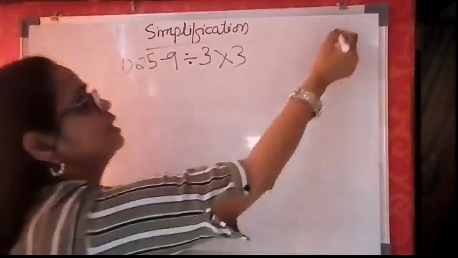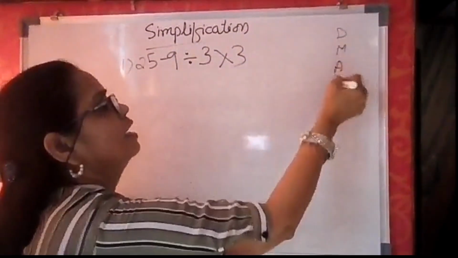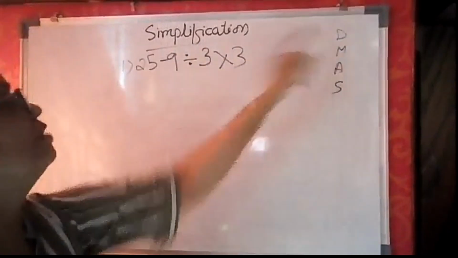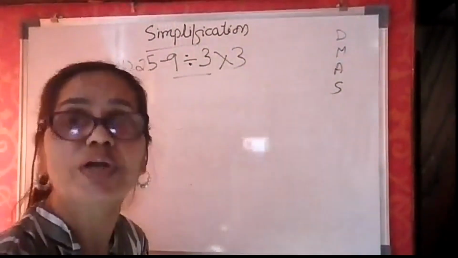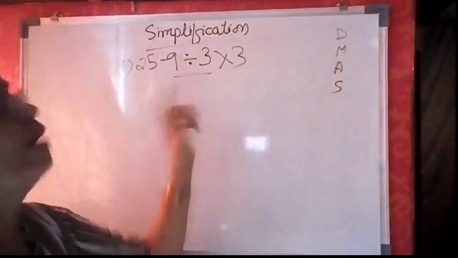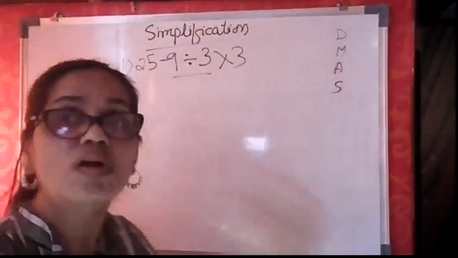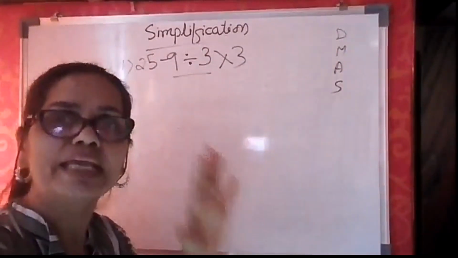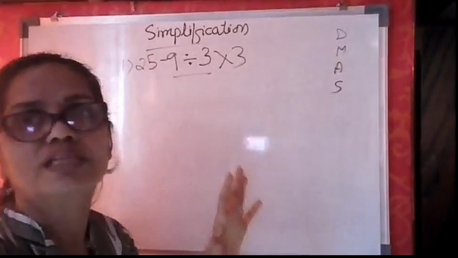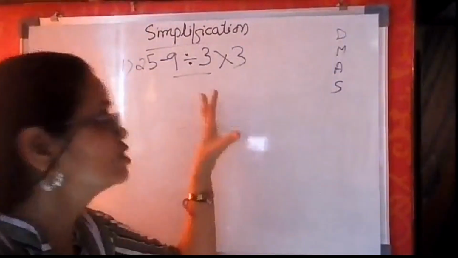So according to the DMAS rule, I will use the division operation first. Whatever operation you are doing, first you have to underline it so that you will not make a mistake while solving the sum. And children make mistakes here only. That is why I have chosen this topic.